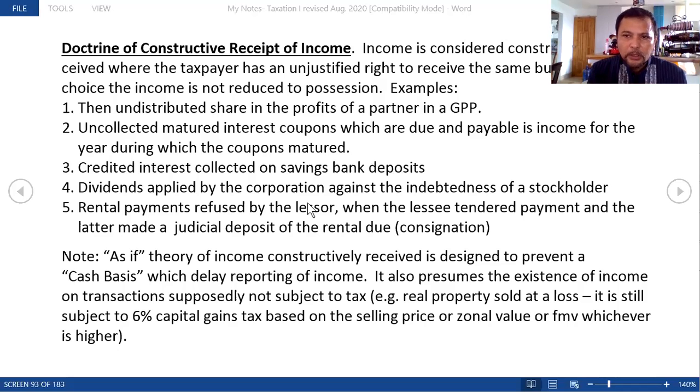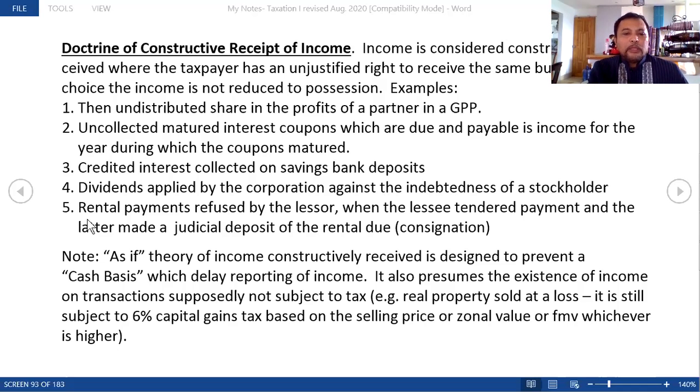Compensation is set off, no? So therefore, the stockholder's liability to the corporation is already offset or extinguished by way of dividends. So this is constructive receipt of income, even though it's not actually received, it is constructively received.